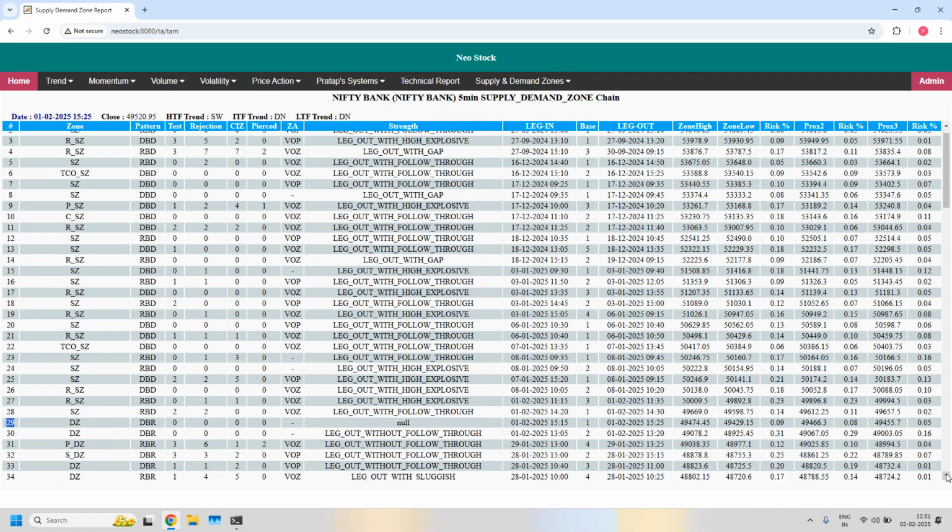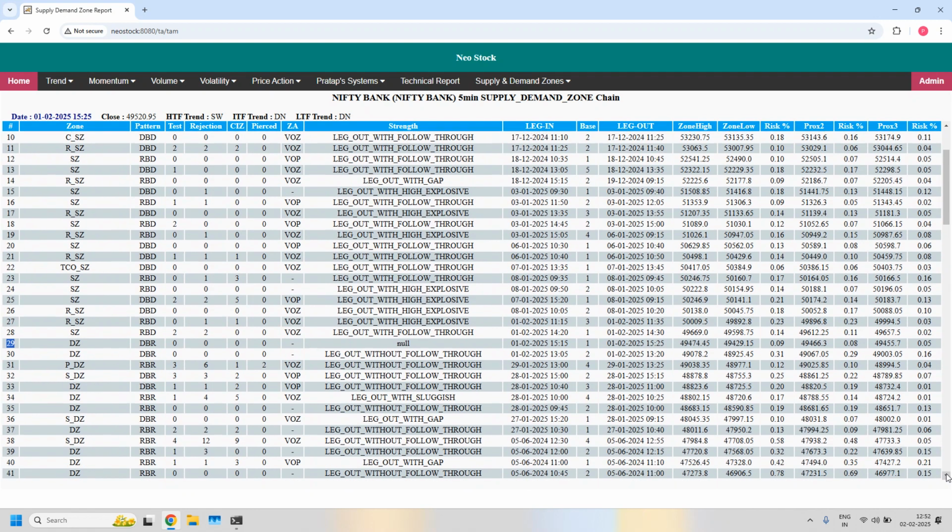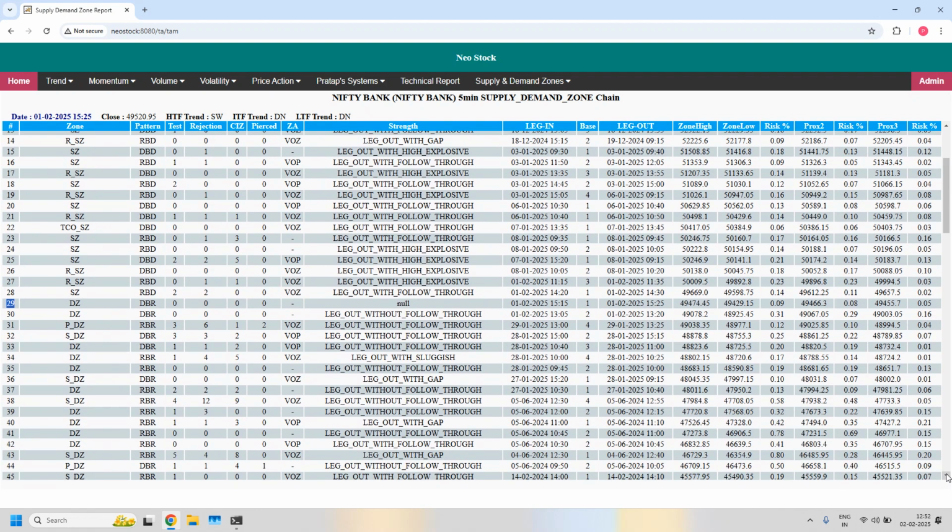Let me put it in the center, so that you know, equal number of demand and supply zones. Okay, so this is about Bank Nifty supply demand zone chain.